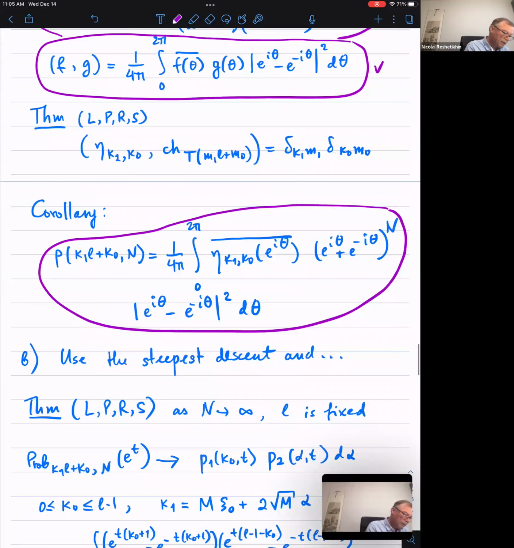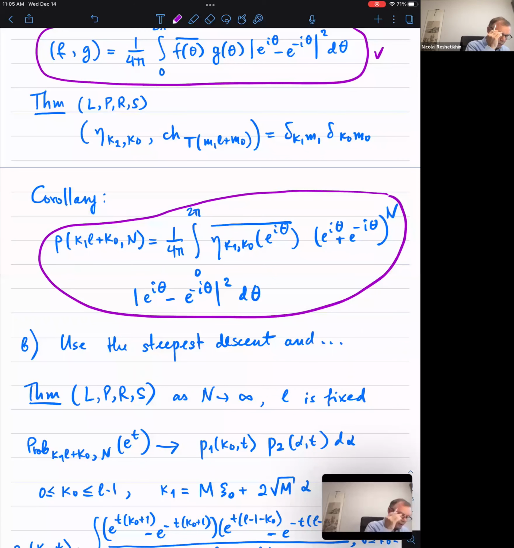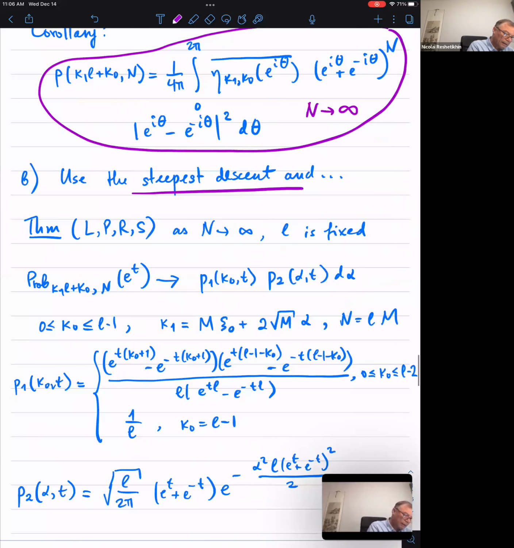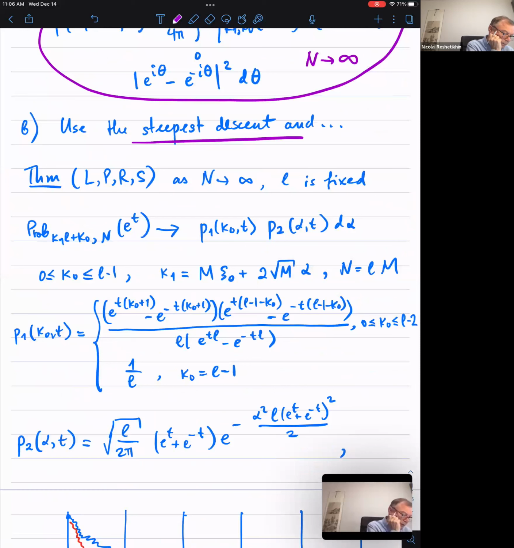So I think there is some kind of reasonable hope for general G. And then you have an integral, n goes to infinity. In this case you use the steepest descent method to compute the asymptotical behavior of the integral. And this is what we did.